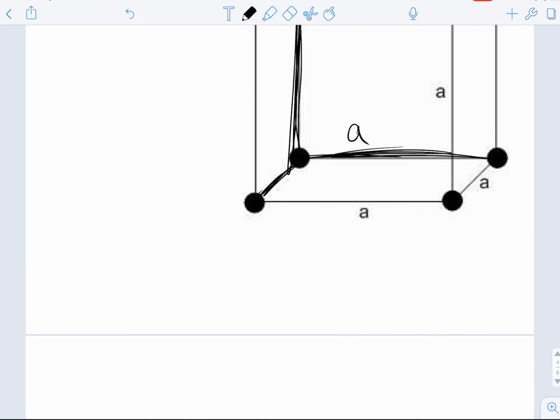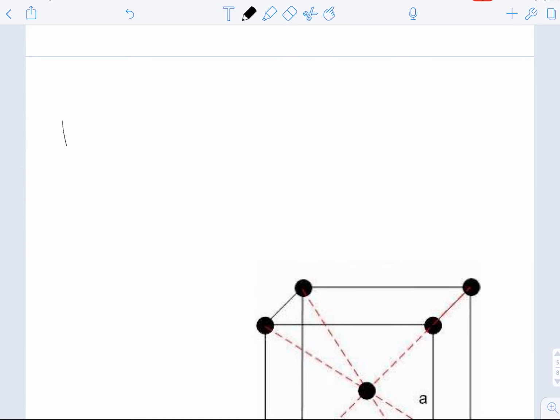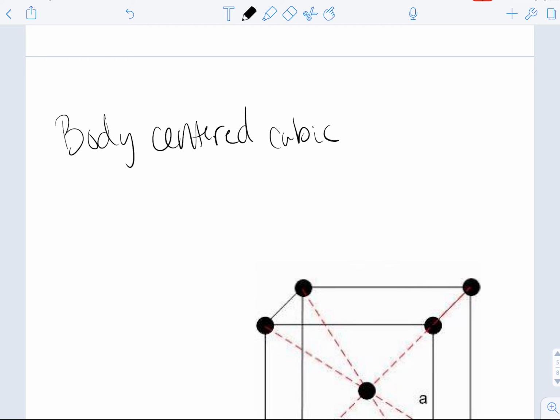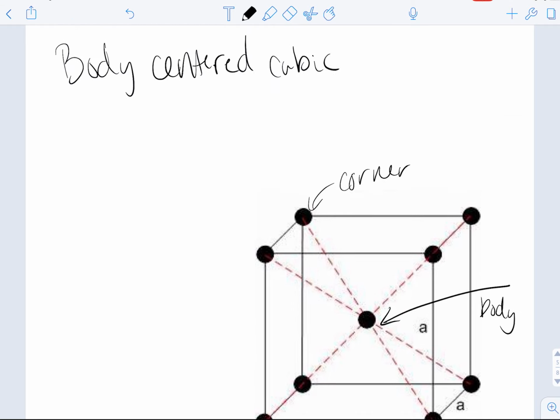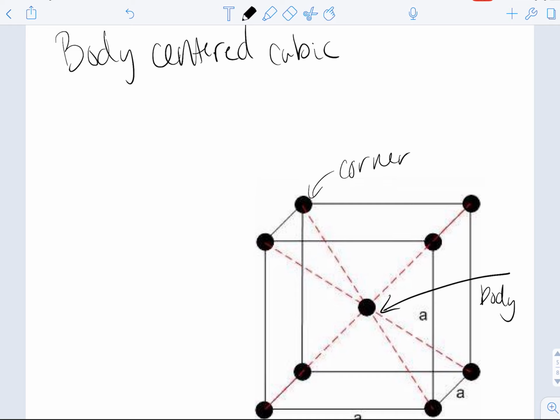Okay, next one we want to look at is body-centered cubic. In a body-centered cubic, we have points on each of the corners. So we have corner lattice points, and we have one body lattice point. So each of the corners accounts for 1 atom.